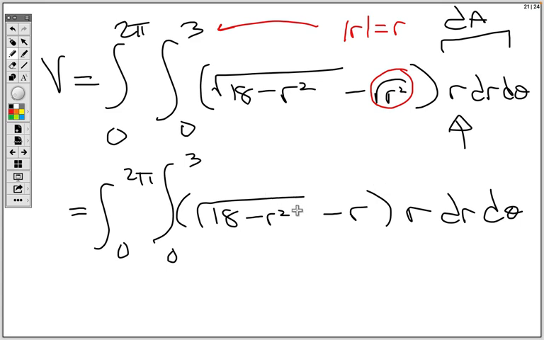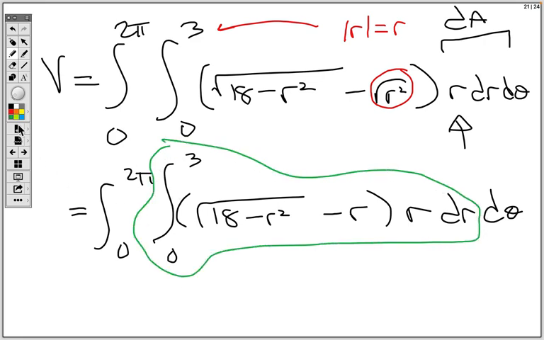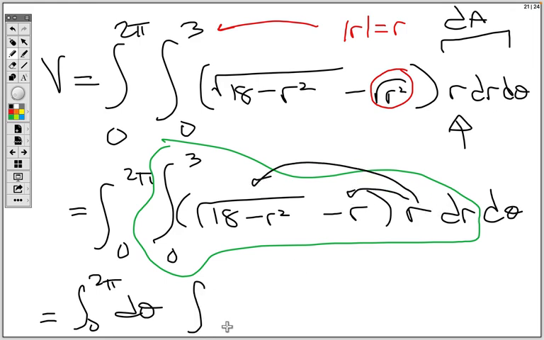Once again, we can split this into factors because the inside has nothing to do with the theta. The object we're looking at has theta symmetry to it. And then to start integrating here, you'd probably want to distribute there.